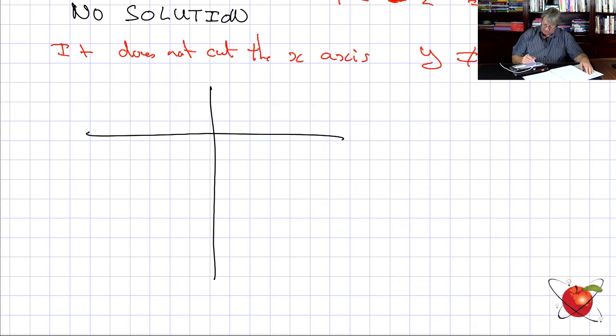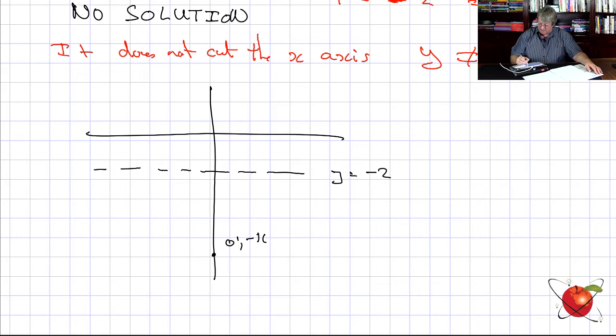What did we say? y equals minus 2. y equals minus 2 was over there, wasn't it? Minus 2. And we said plot a point 0, minus 10 over there. And we said the graph was a decreasing function. So it did this.